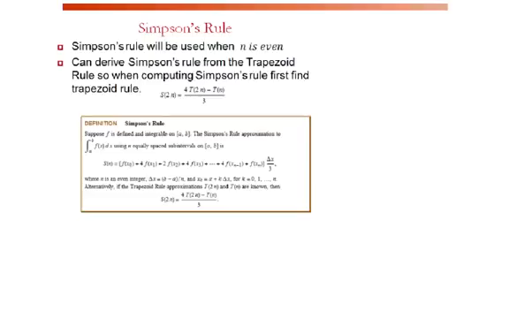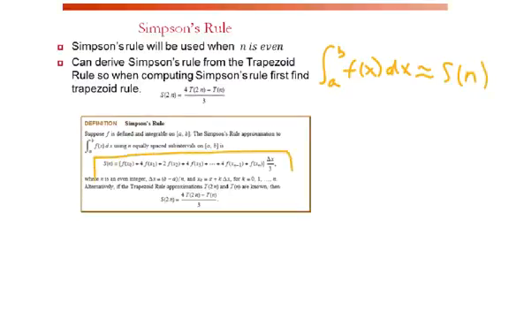Now, the rule itself, you really do need to recognize the pattern. Right, you're approximating with Simpson's of n. So the rule for Simpson's is right here. And you'll notice that your coefficients start out with f of a. Let me paraphrase it a little bit here for you.